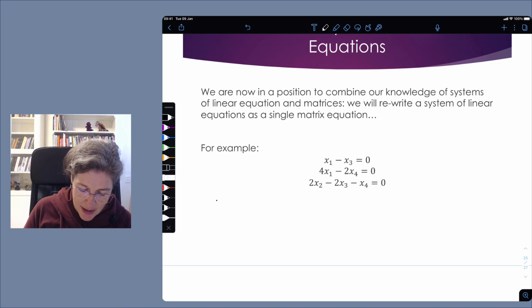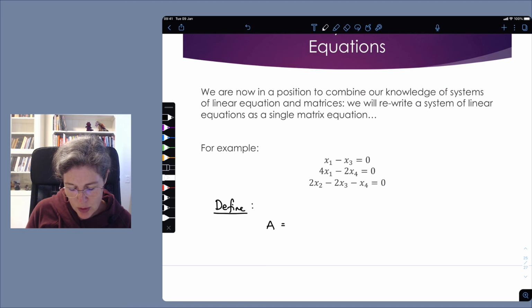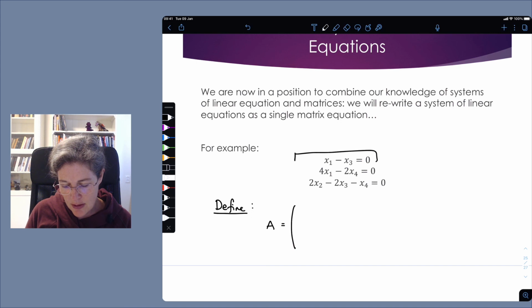So I'm going to define a matrix A, which I will call a coefficient matrix. Each row of my matrix is going to look at a specific equation, and it's going to just take the coefficients for each of the variables.